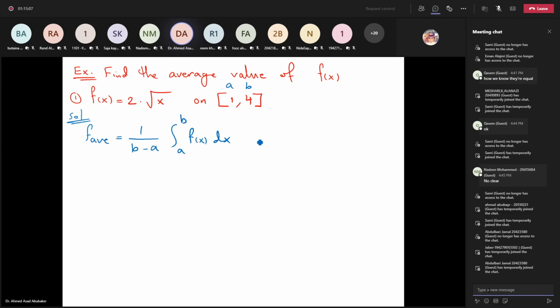So this equals 1 over 4 minus 1, the integral from 1 to 4 of radical x dx. So this is 1 over 3 multiplied by the integral of x to the power half, which is x to the power 3 over 2 over 3 over 2, and substitute 1 and 4.